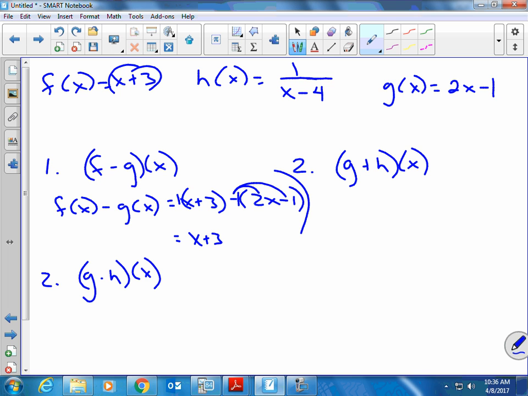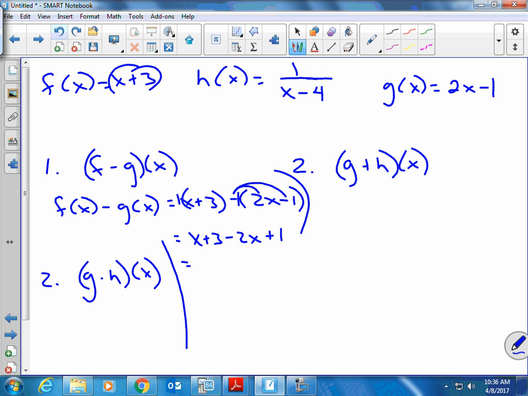If that was a positive 1, I would not need the parentheses, because a positive 1 times anything is just itself. But a negative 1 times a positive 2x is a negative 2x, and a negative 1 times a negative 1 is a positive 1. That's the sign that always gets people. Be careful on that. Okay.